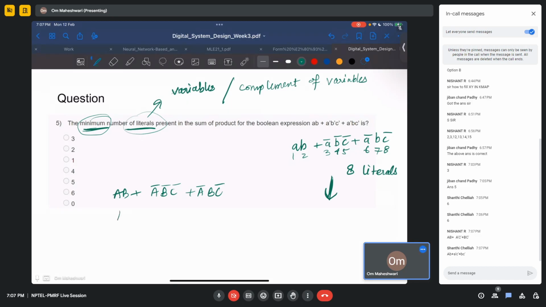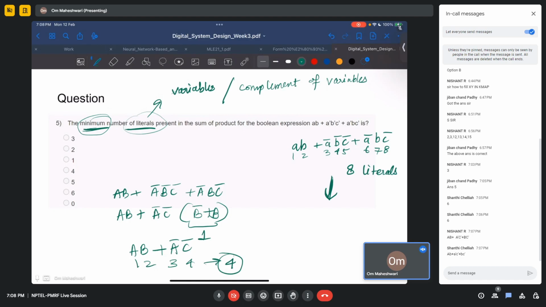From the last two terms, A bar C bar is common, so it will be B bar plus B, and B bar plus B will be 1, so you will have AB plus A bar C bar. So the minimum literals you will have is 4: 1, 2, 3, 4.